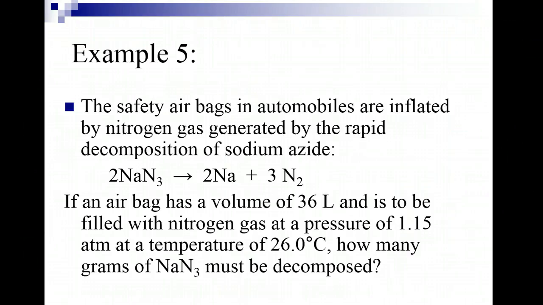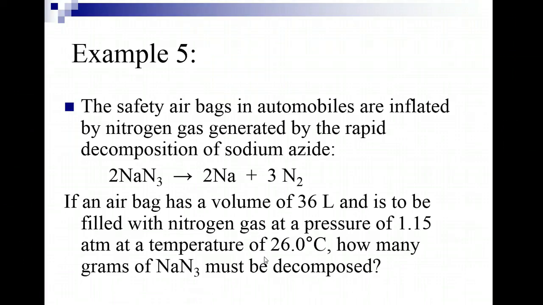And our last example, example 5, says the safety airbags in automobiles are inflated by nitrogen gas generated by the rapid decomposition of sodium azide. 2NaN3 yields 2Na plus 3N2.